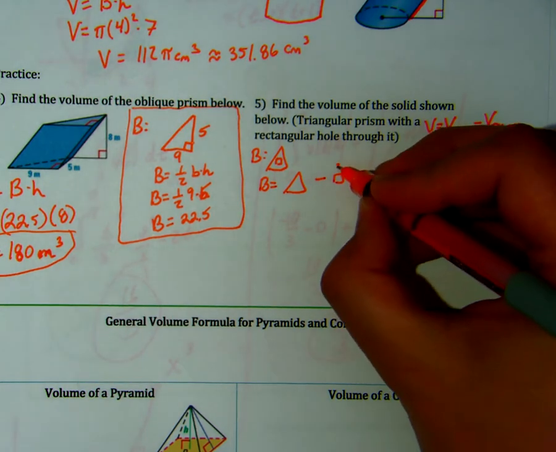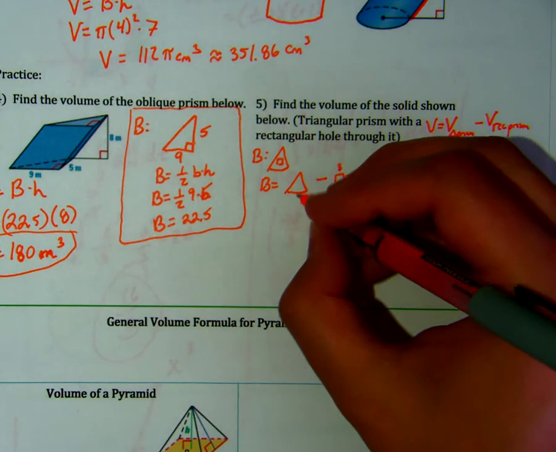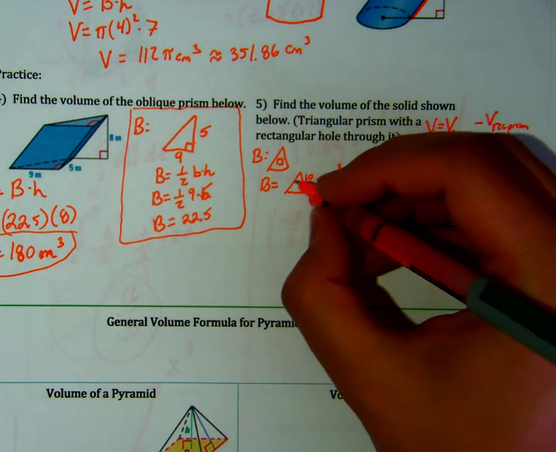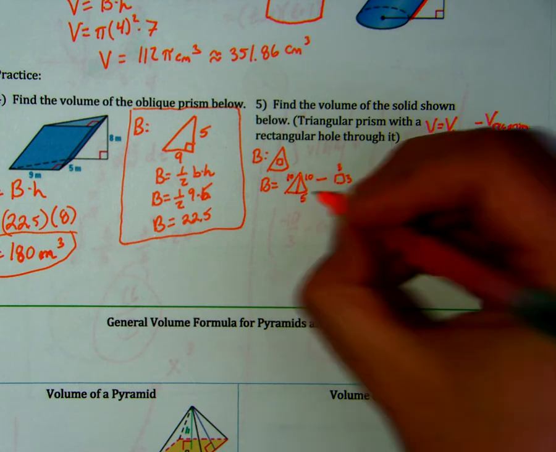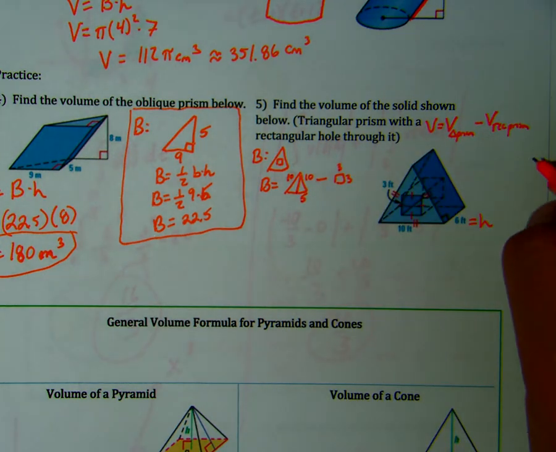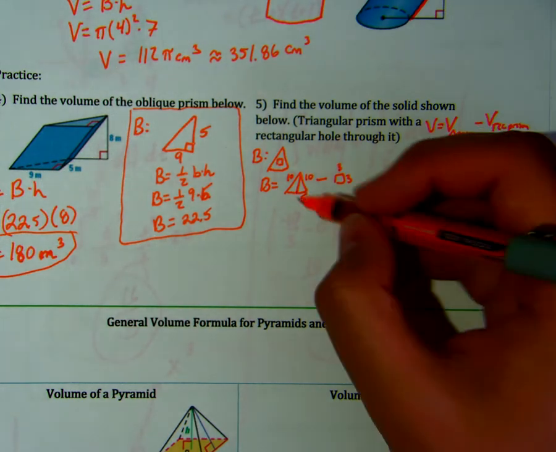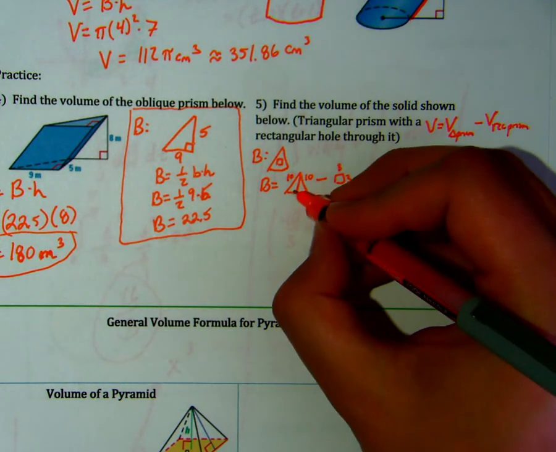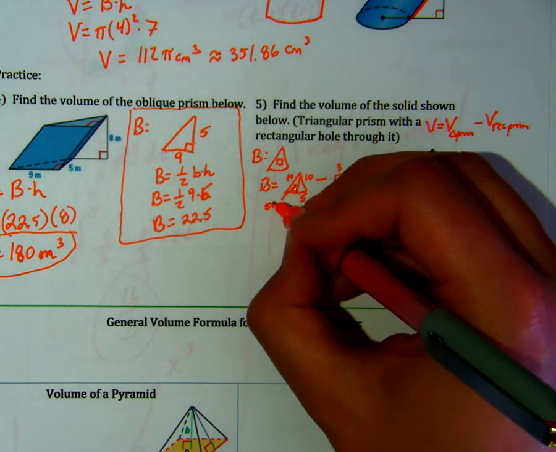So these have a side length of 3. The base is an equilateral triangle with side lengths of 10, which means I can drop in an altitude, make that a 5. And we know that this is a 30, 60, 90. So the height of this is 5 root 3.